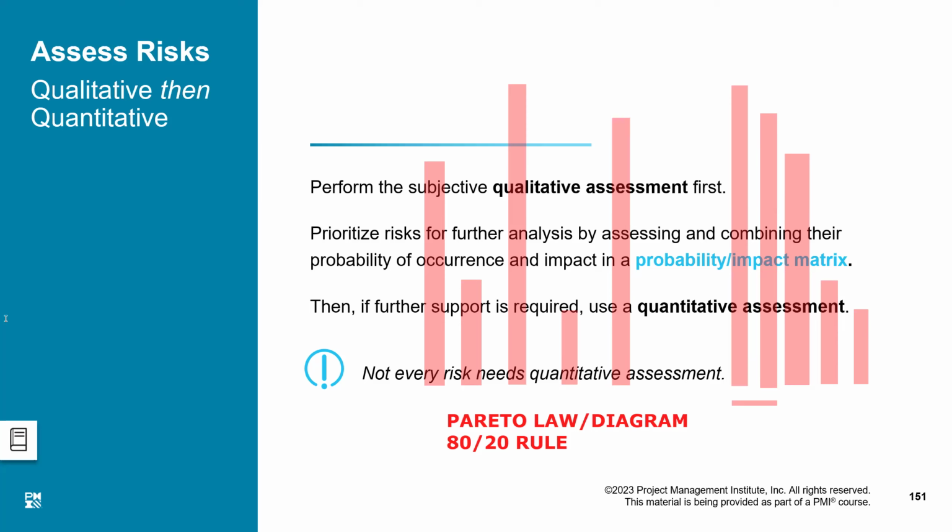Once we have done that, most of the problem of risk analysis is over, because many risks could be responded to immediately after the qualitative analysis. In smaller projects, we don't do quantitative analysis. It is optional, and only in complex projects do we go for it. But its purpose is not to analyze individual risks.